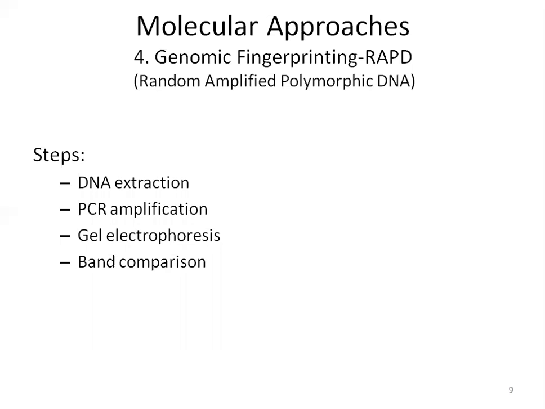Another genomic fingerprinting technique is the RAPD, that is random amplified polymorphic DNA. It produces DNA bands not by digestion but by the amplification of DNA sequences.